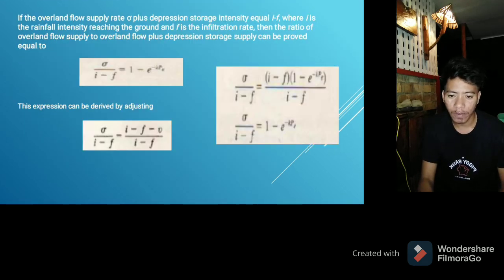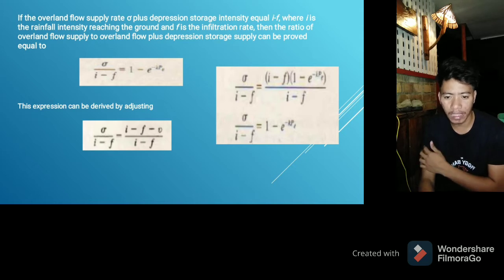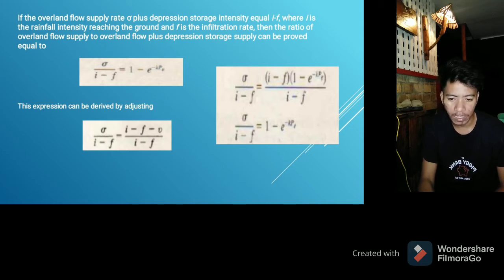If the overland flow supply rate plus depression storage intensity equals I minus F, where I is the rainfall intensity reaching the ground and F is the infiltration rate, then the ratio of overland flow supply to overland flow plus depression storage supply can be proved equal to O over I minus F is equal to 1 minus e raised to negative kPE.